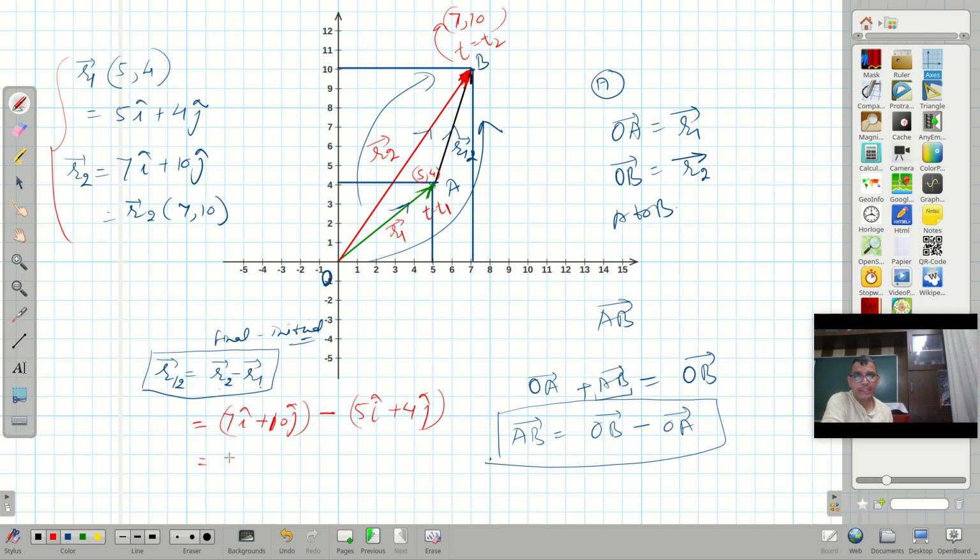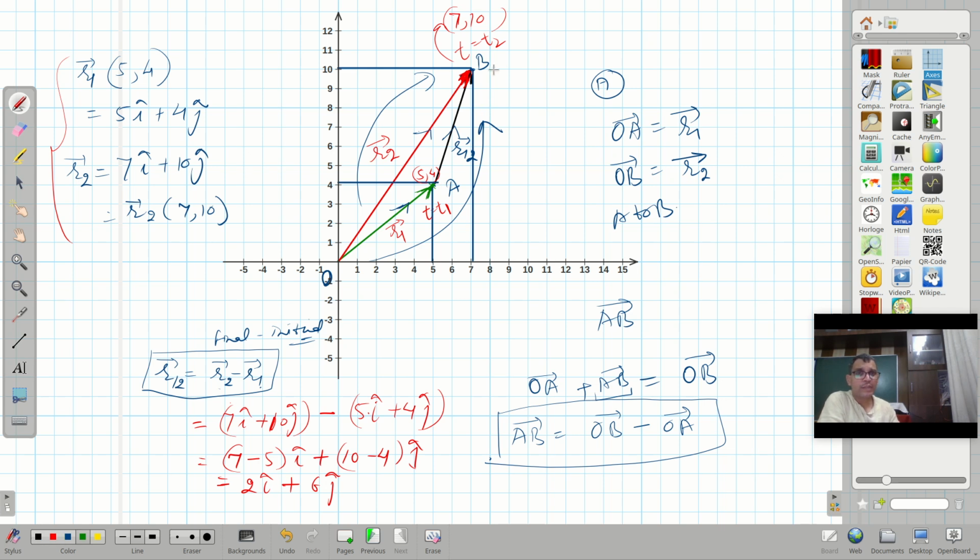So it is 7i cap minus 5i cap, or I can put the components corresponding to i together. So 7 minus 5 i, and similarly 10 minus 4 j cap. The resultant vector comes out to be 2i cap plus 6j cap. So this is our displacement vector.